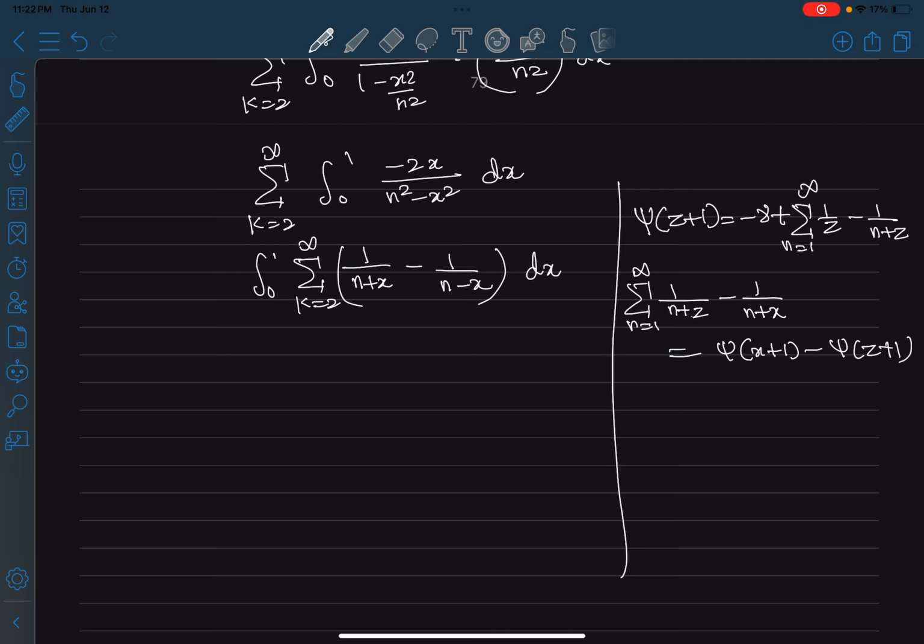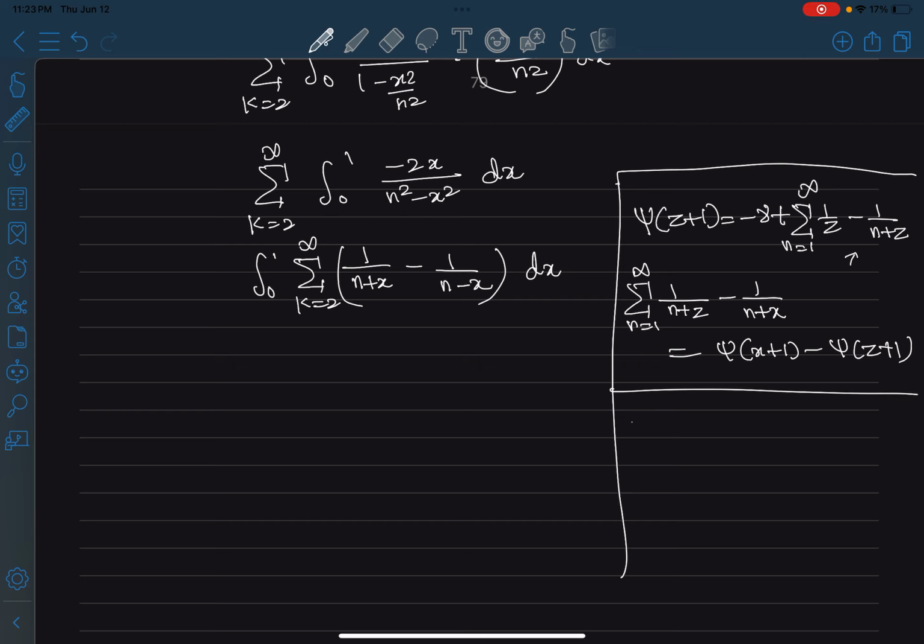We can prove this from this definition itself, right? And I think I should leave it to you to prove that, because it's just some manipulation, some addition of terms, and there's nothing more. You can try to prove this from the definition of the digamma function.